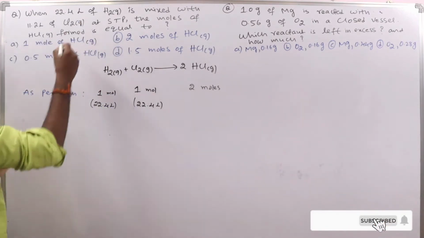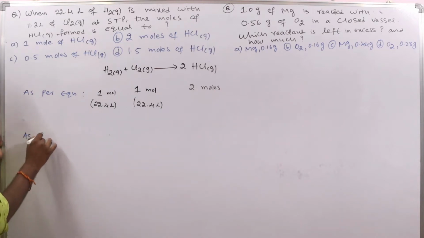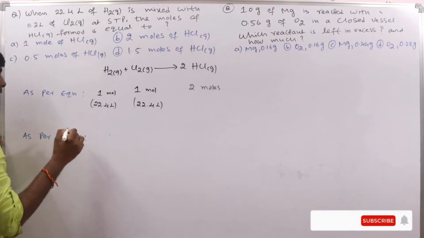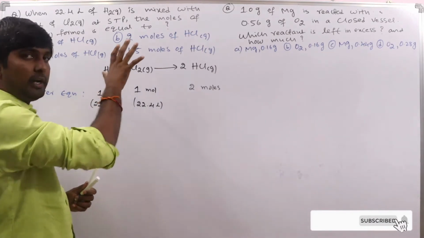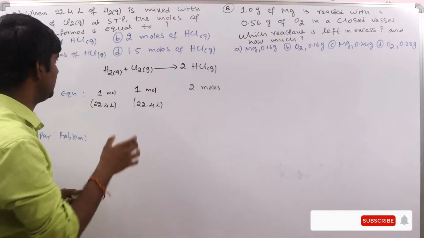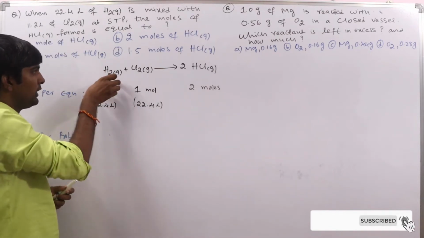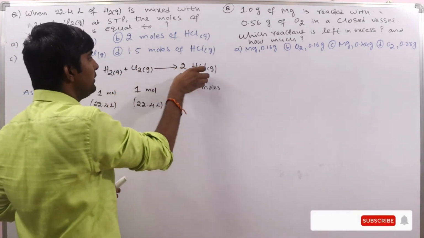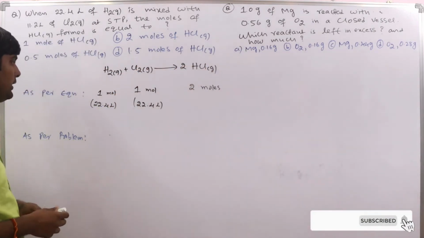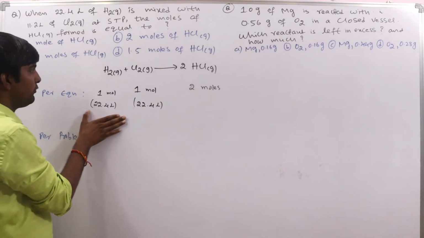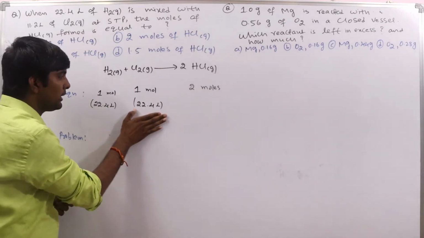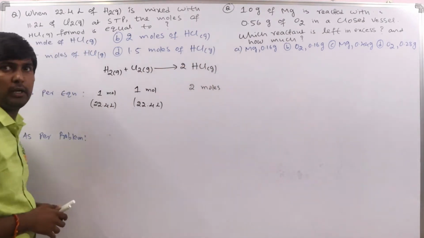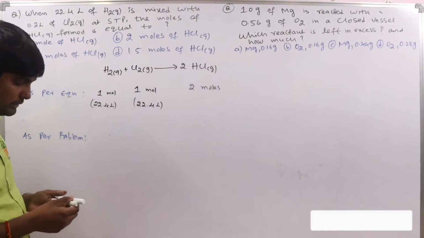Now, as per the given problem, whatever quantity we mixed, how do they react? 1 mole of hydrogen plus 1 mole of chlorine gives 2 moles of HCl, or 22.4 liter of hydrogen reacts with 22.4 liter of chlorine to form 2 moles of HCl. In that way also we can understand this.